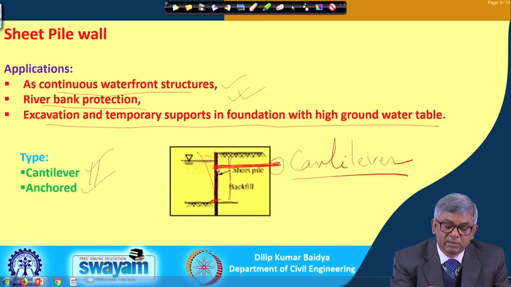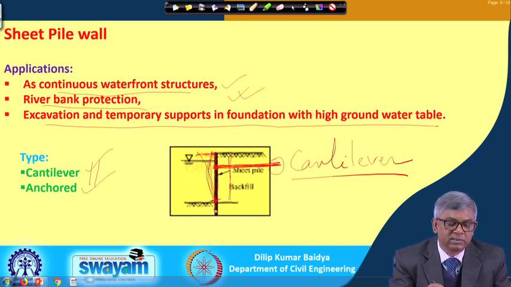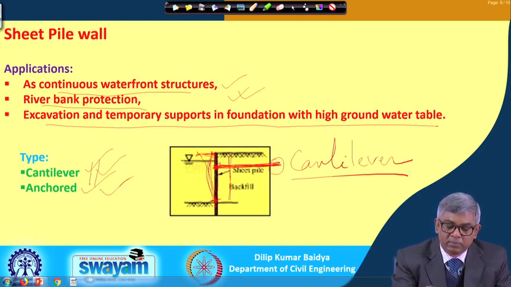Here, if it is free, the deformation can be so much, and if you do this, then your deformation will be something like this. So, your top deformation will be reduced significantly. So, this is the difference between cantilever and anchored, and this is the example of cantilever.